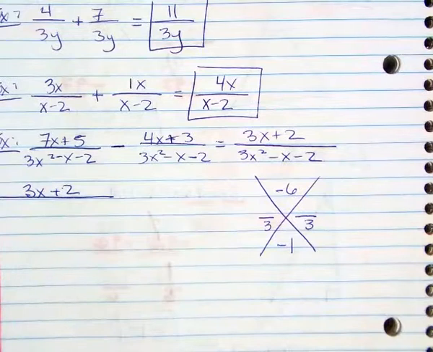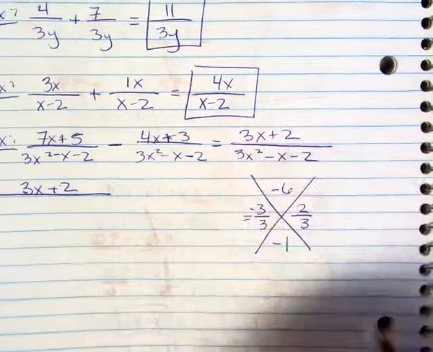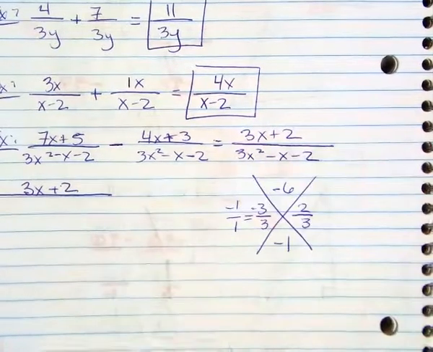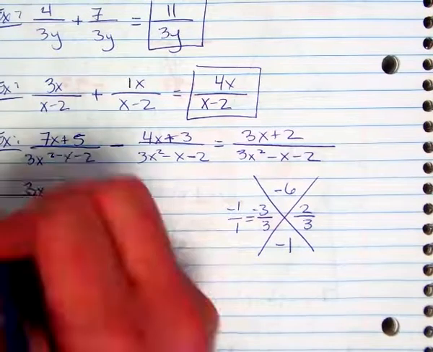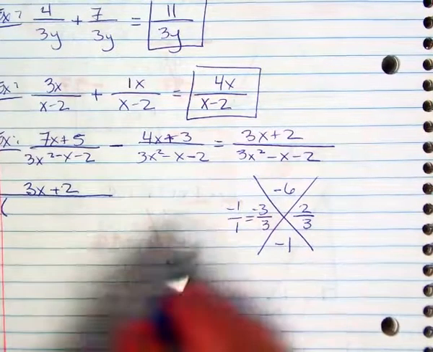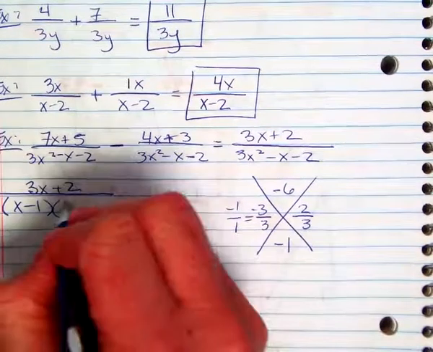I need 2 numbers that will multiply to make negative 6, but if I add them, they will make negative 1. Athena? A negative 3 and a positive 2, which means this reduces to negative 1 over 1. So, if I put these 2 new binomials in, I have 1x minus 1, and I have 3x plus 2.